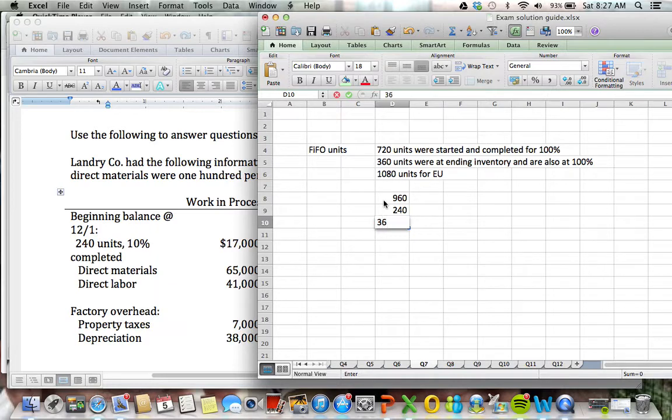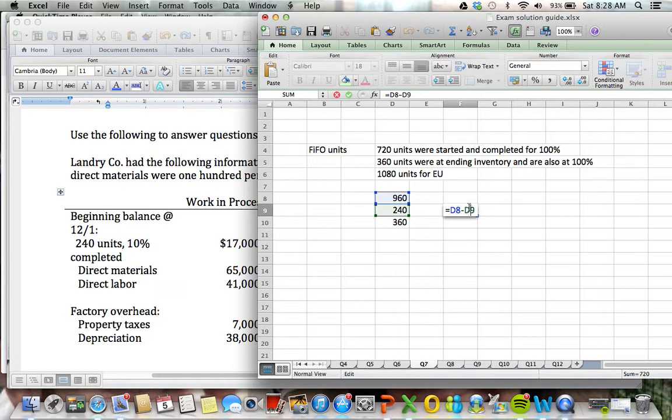And then they left me with 360. So the question is, how do I know that I started and completed 720? Well, 960 was completed for sure. So I can say, what's 960 minus 240? Right, because we have 360 left, but we started and completed 720.